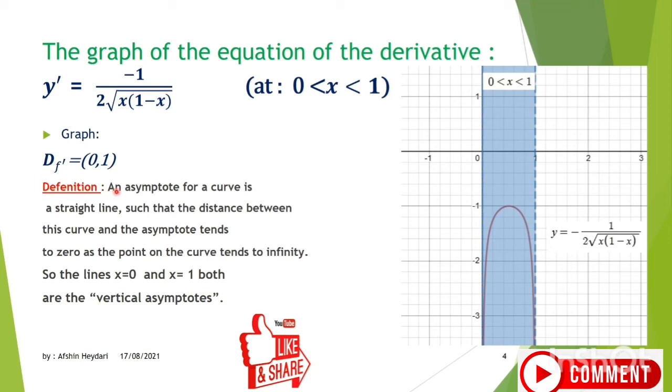Definition: an asymptote for a curve is a straight line such that the distance between this curve and the asymptote tends to 0 as the point on the curve tends to infinity. So the lines x equals 0 and x equals 1 both are vertical asymptotes.